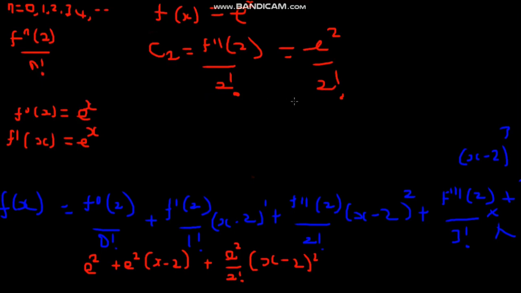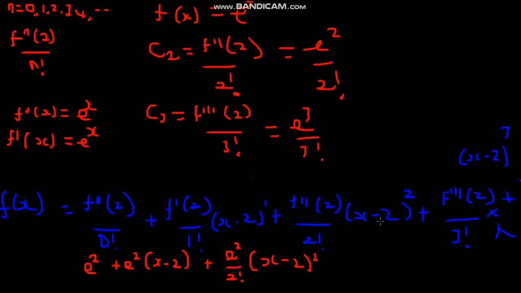So that would be c3 equals the third derivative of the function at 2 over 3 factorial. This will also give me e to the power 2 over 3 factorial.